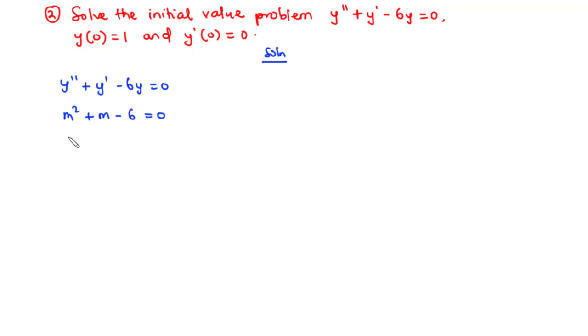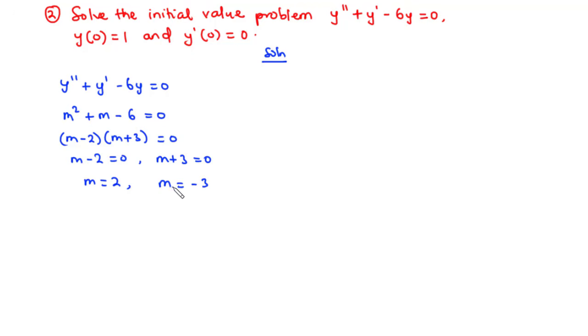So we have the factors to be (m - 2)(m + 3) = 0. First we have m - 2 = 0, m is equal to 2, and then m + 3 = 0, m is equal to -3.